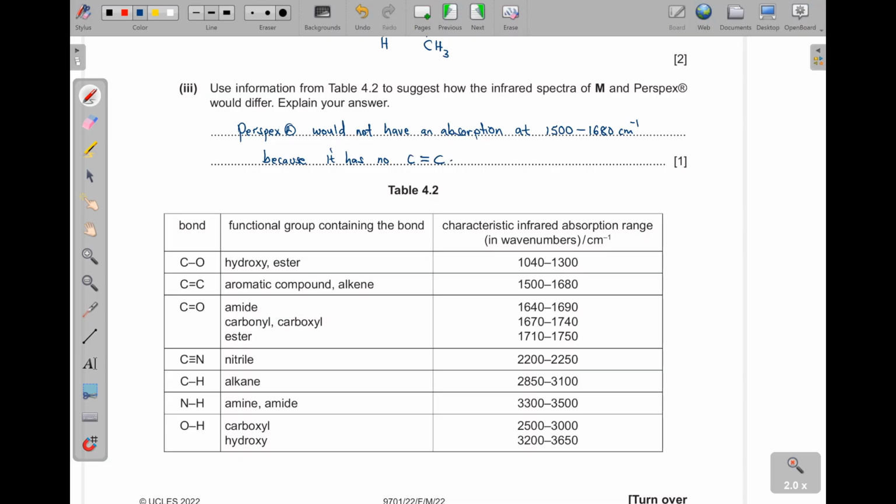Or you would say that M would have an absorption here because of this.